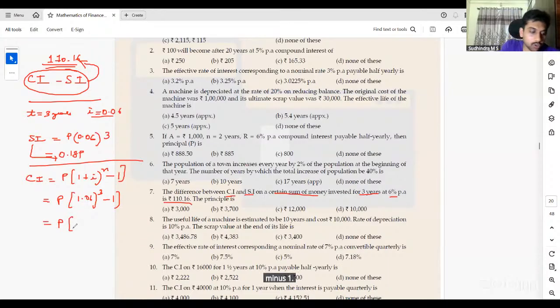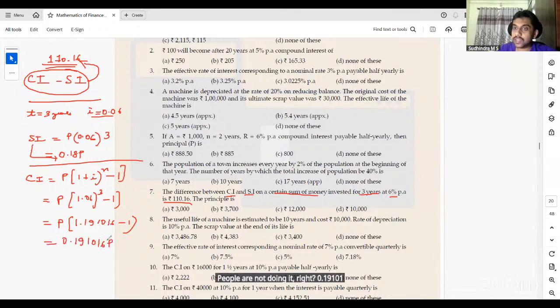That is, 1.06 cube is 1.191016. I'll only do it; anyway, people are not doing it, right? So it is 0.191016 P. So this is compound interest. This is simple interest. Difference: 0.191016 P minus 0.18 P.